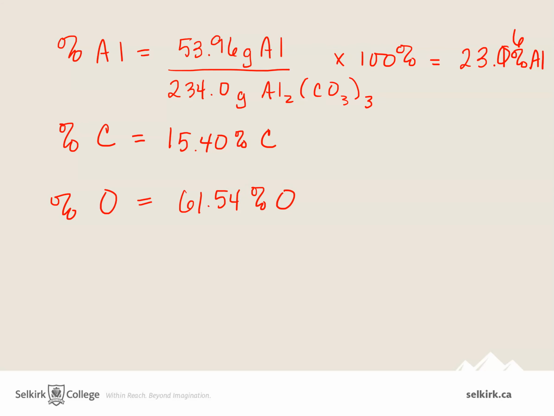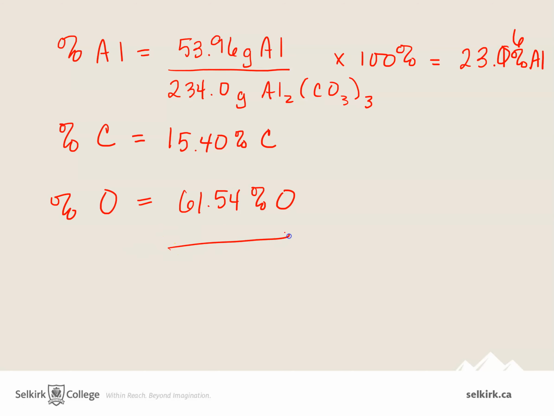When we're done, we always like to check and see that our results make sense. Some questions won't let you do that, but this kind of problem will. When I have the percentages of all the elements, it makes sense to me that they should add up to 100%.